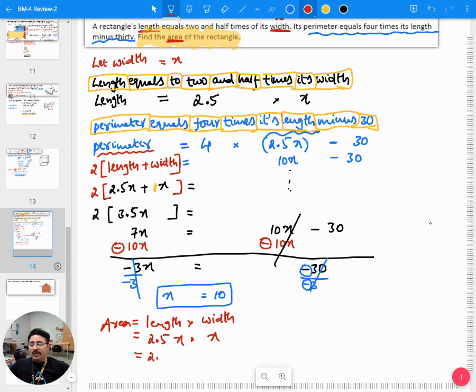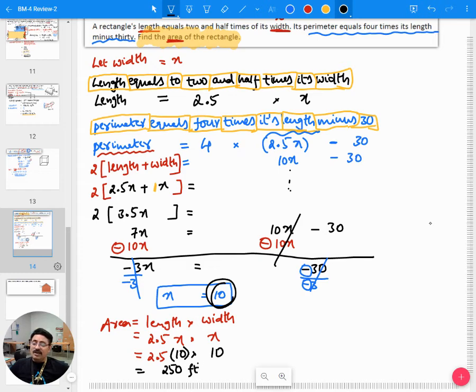You know the value of x you got as 10. Therefore, in the place of x, take 10: 2.5 times 10 times 10. Let me make use of my calculator. It is 250 square feet, whatever the units it may be. Therefore, 250 I got by using my calculator.